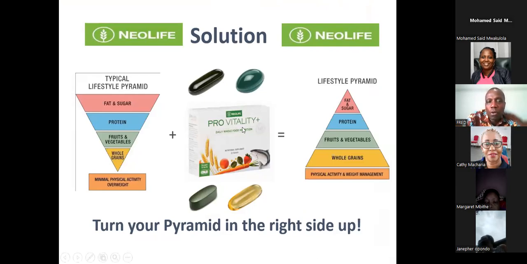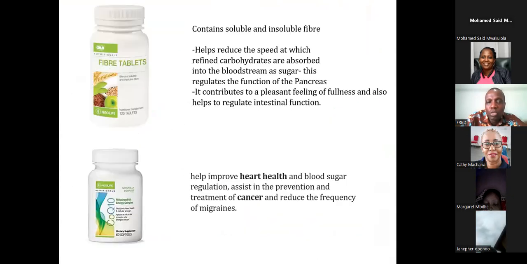The products you need that are in Pro Vitality Plus are your threonine, carotenoid complex, omega-3 salmon, and the multi. When you combine these four, you get what we call Pro Vitality Plus. And by taking this, you're able to turn the pyramid the right way up.